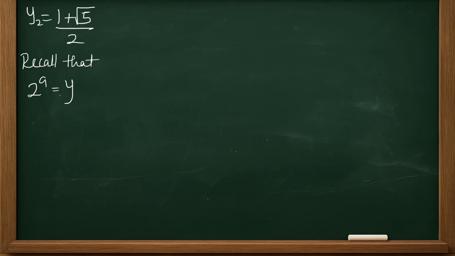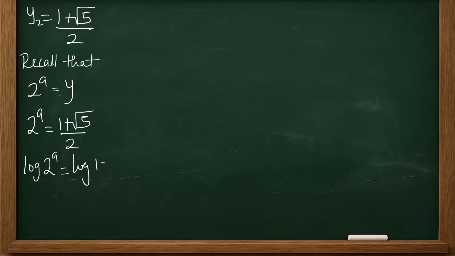Here we have 2 to the power of a equals 1 plus the square root of 5 over 2. Now, to simplify this further, we can apply logarithm to both sides. So here we're going to have log 2 to the power of a equals log of 1 plus the square root of 5 over 2.